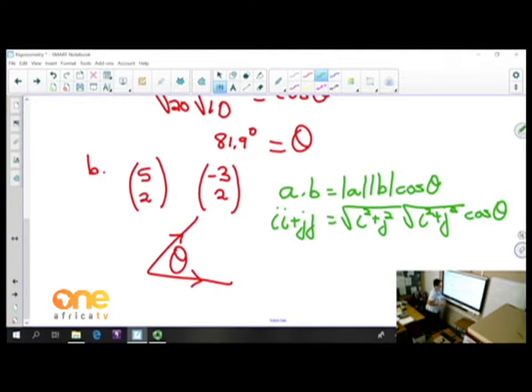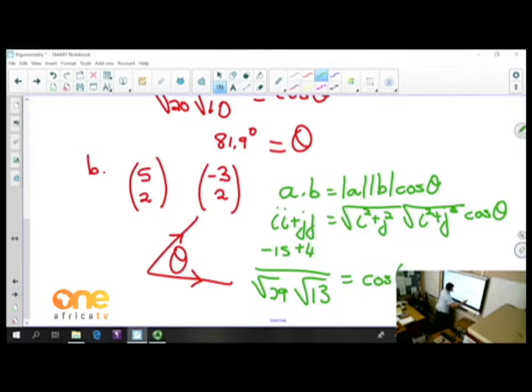And now we're going to do those calculations. 5 times negative 3 is negative 15, plus 4, over 5 squared plus 2 squared, which gives me the square root of 29, and negative 3 squared plus 2 squared is the square root of 13, is equal to cosine theta.